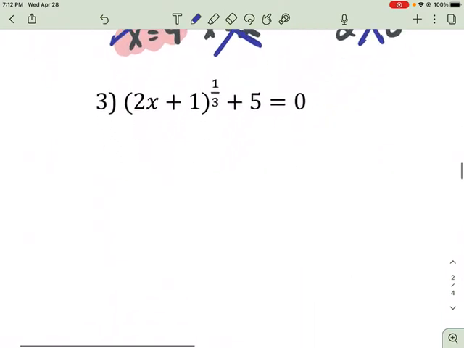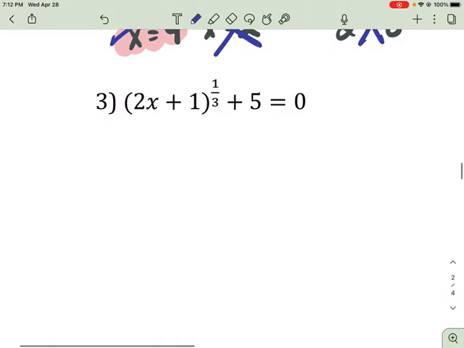All right, so this one's a little different because notice there's no radical, but we have that fractional exponent that we talked about earlier. Now remember, that just means the cube root of 2x plus 1. How we're going to get rid of this fractional exponent is the same process as with a radical, which means I'm going to take it to a power. So what undoes 1/3? 3.